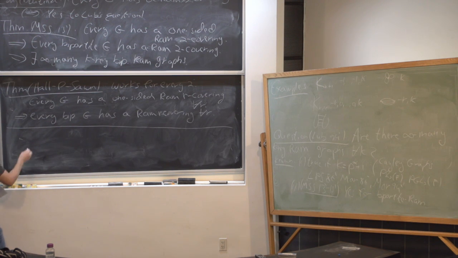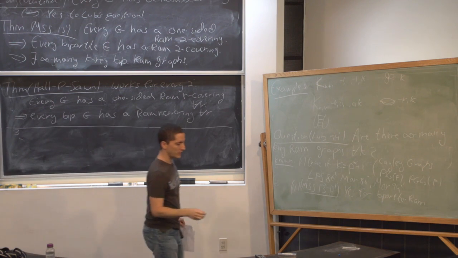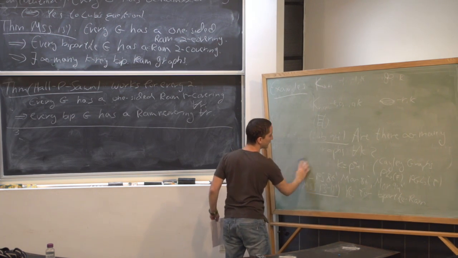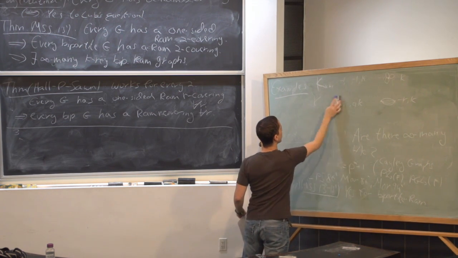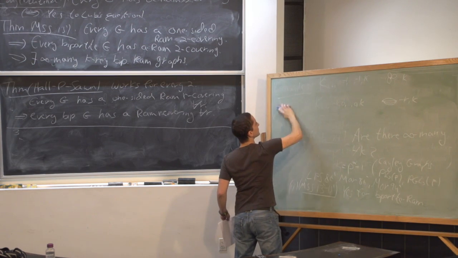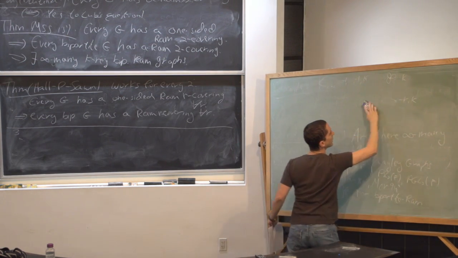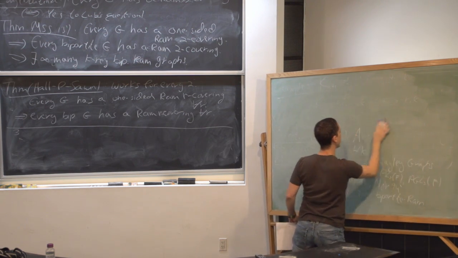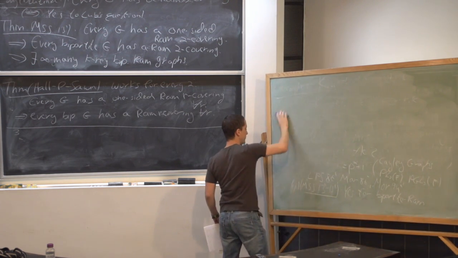Okay, so now I want to move on to give an overview of the proof of MSS. So there are 3 main ideas in this proof.